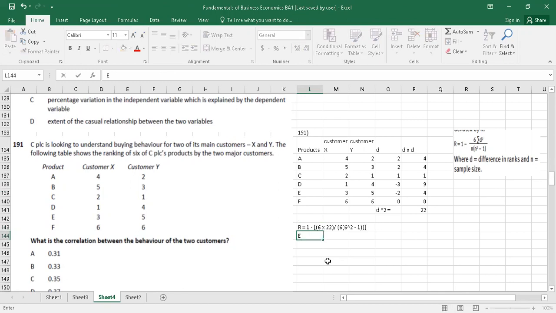So let's just do the calculation. R is equal to 1 minus, the numerator has 6 into 22, divided by the denominator 6 into, in the bracket, 6 into 6 minus 1.